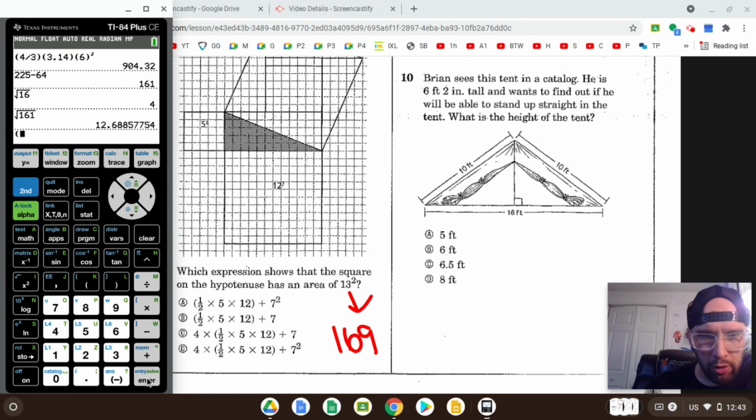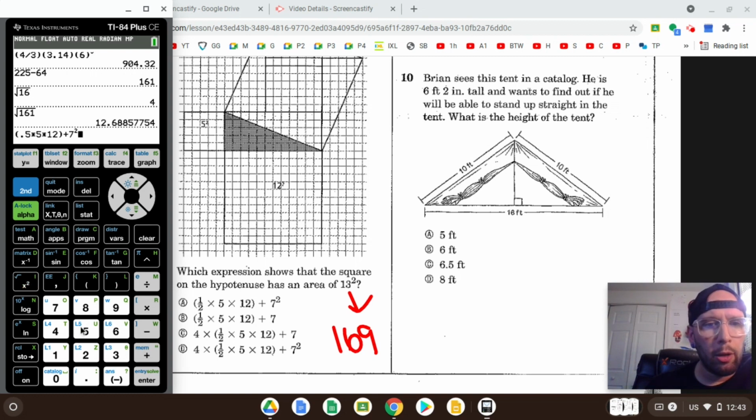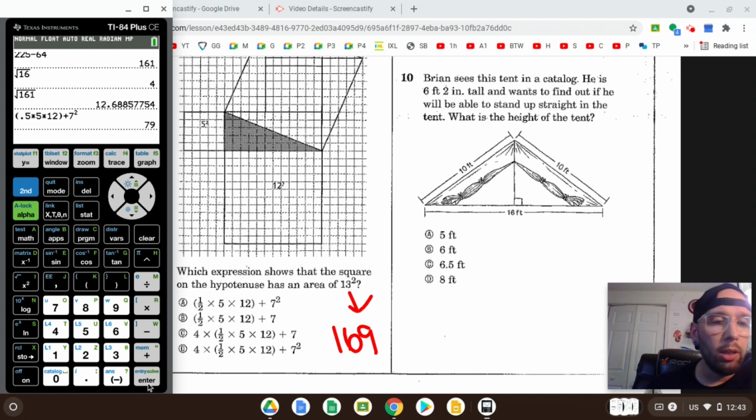Parentheses. Half is 0.5, so I'm just going to put 0.5 times 5 times 12, close parentheses, plus 7 squared is 79, so it's not that one.